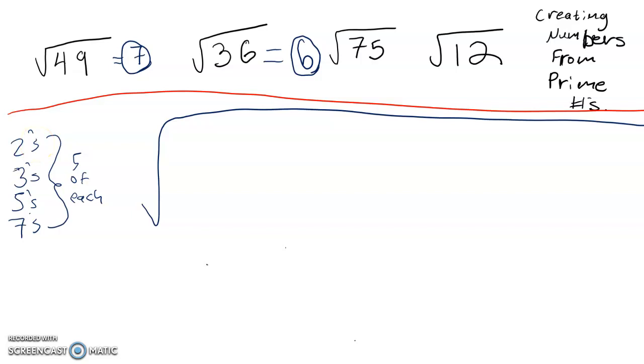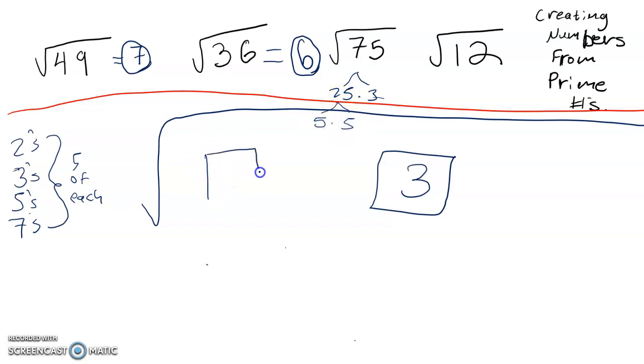If you look, 75 can be broken up as 25 times 3. So we already know we're going to use one 3. And 25 is not a number that is in my list over here, but I see that a number in my list, 5, goes into 25, and not only that, 5 times 5.